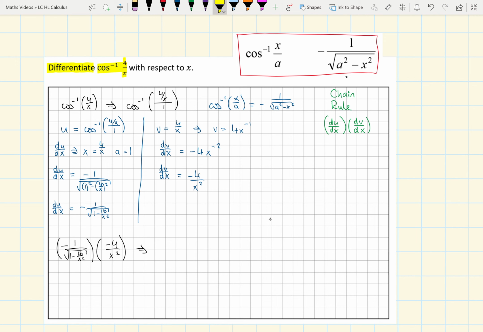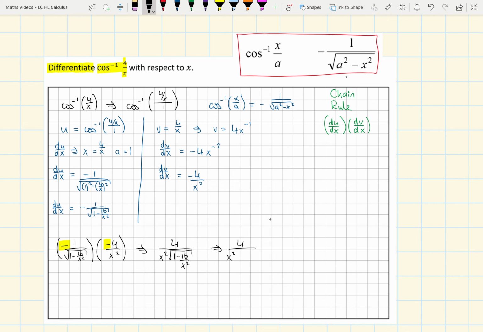So first thing for me, a minus by minus is going to give me a plus. So on top we get 4 all over x squared root 1 minus 16 over x squared. That's fine. My next thing is to find my LCD.